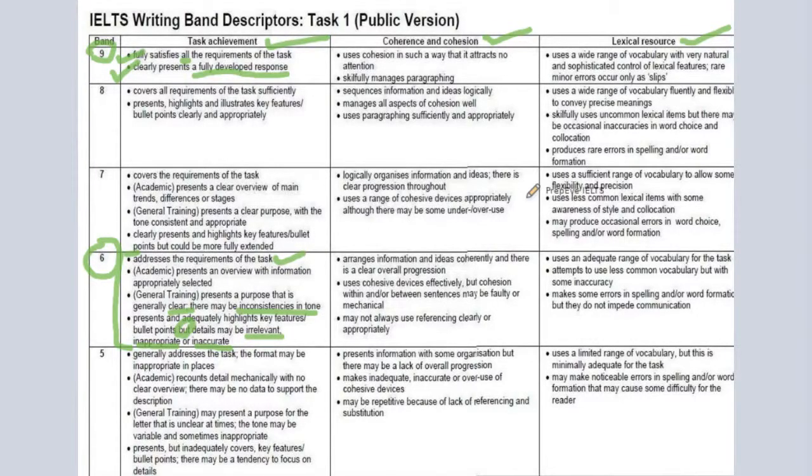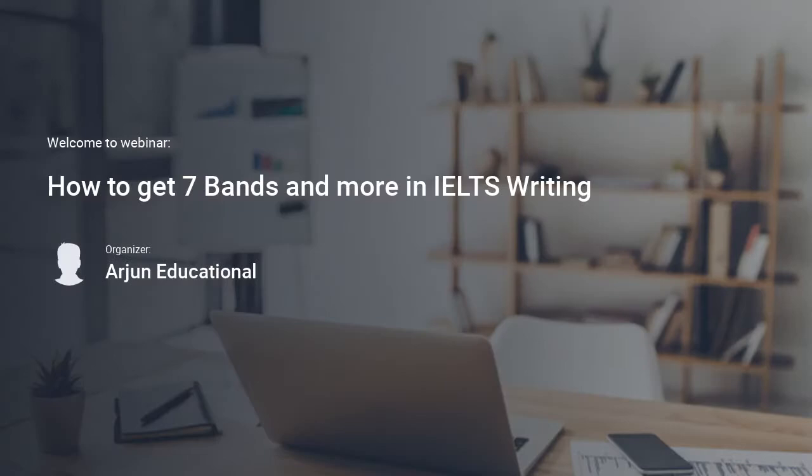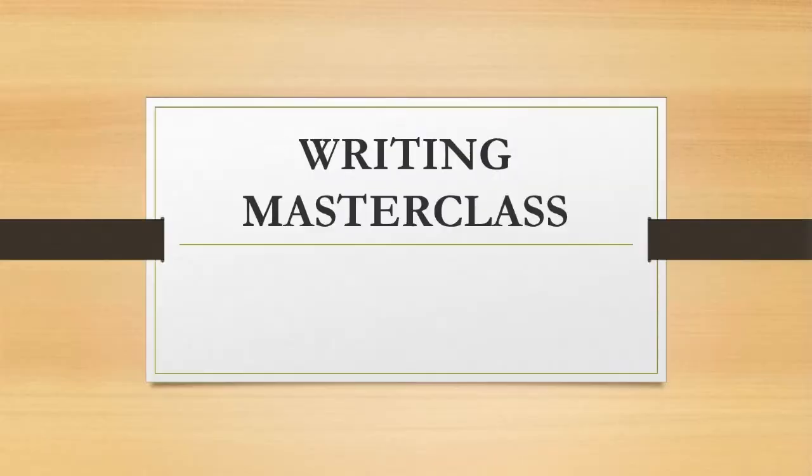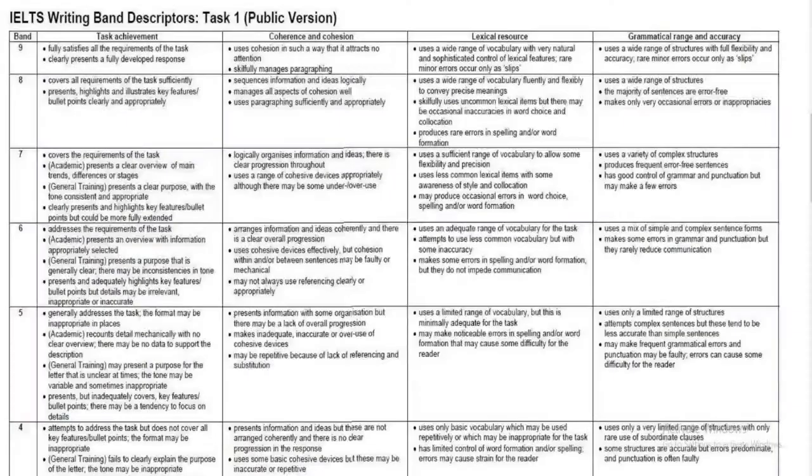It has to be detailed. So if you cover all the tasks, explain your ideas in a clear manner, and also use examples, then you have focused on your task response, and that's how you'll score better.